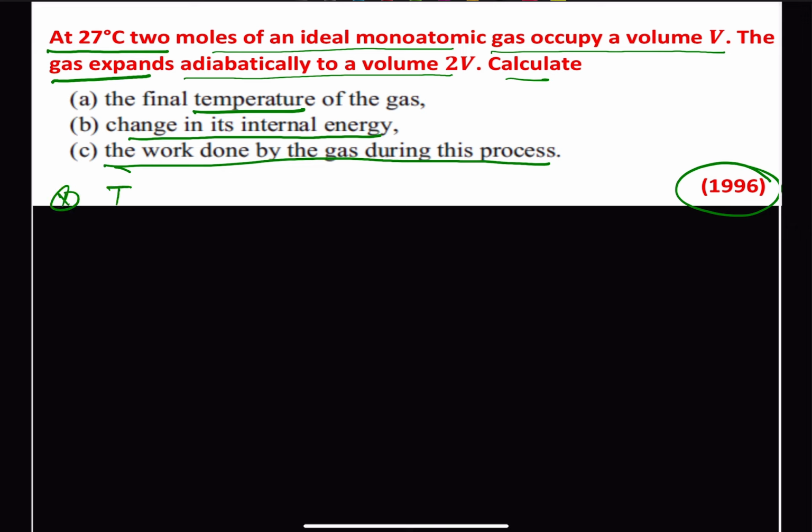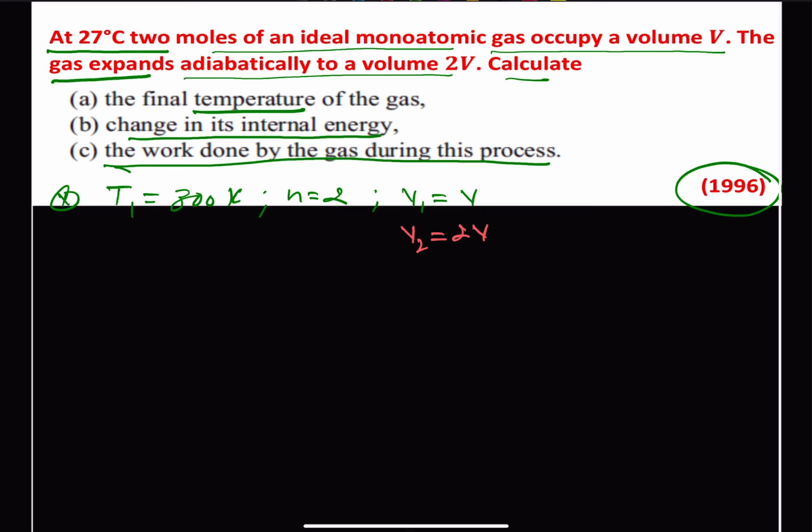So our initial temperature is T1, which is given as 27 degrees centigrade, or we can say 300 Kelvin, and we have 2 moles, so N is equal to 2, and our initial volume V1 is V, and we are also given the final volume, that is V2 is twice V, and it is basically a monoatomic gas, and there is an adiabatic expansion.